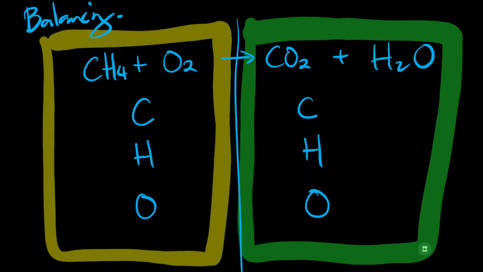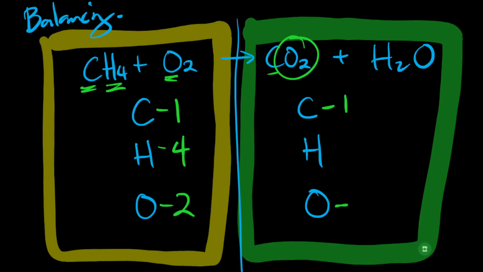So let's do one. We have carbon, there's 1. Hydrogen, there's 4. Oxygen, there's 2. On this side, I have 1 carbon. How many oxygens? We have O2 here, and there's another O right here. So it's technically 3 oxygens, okay? And then H, there's only 2.